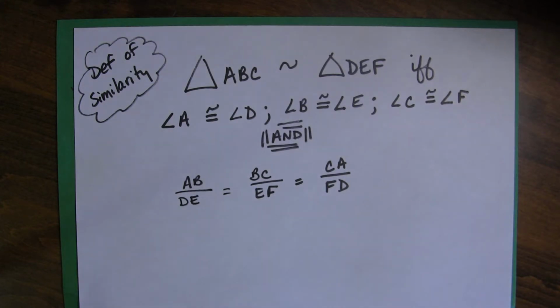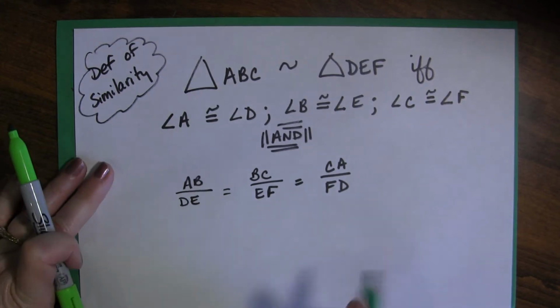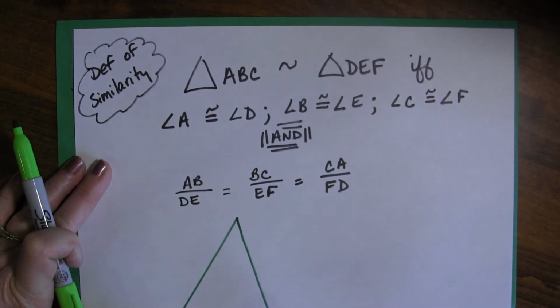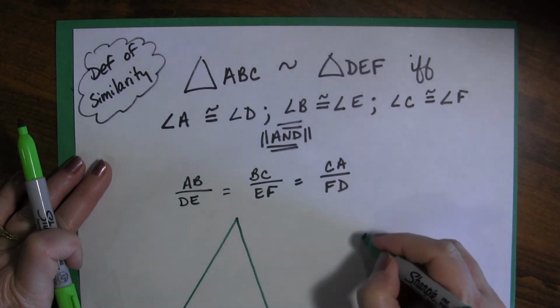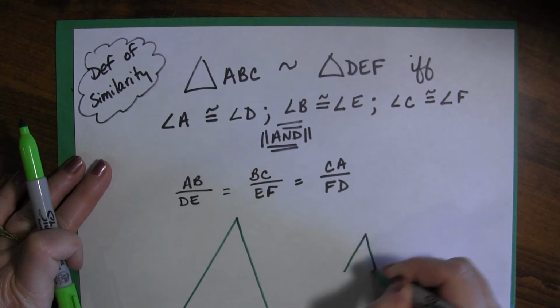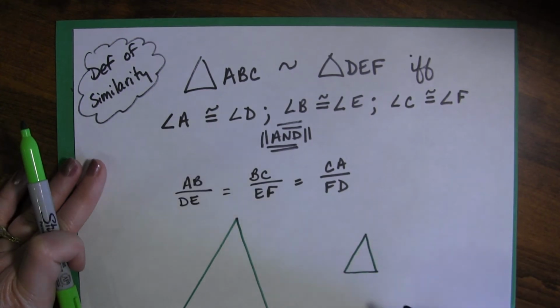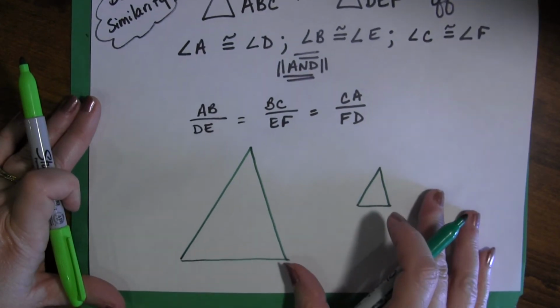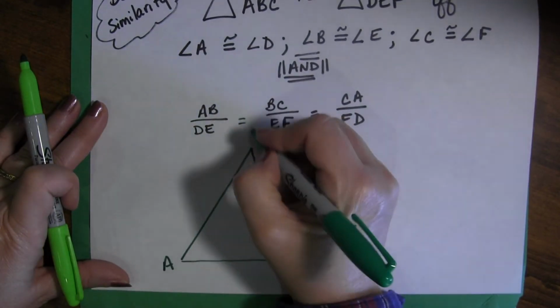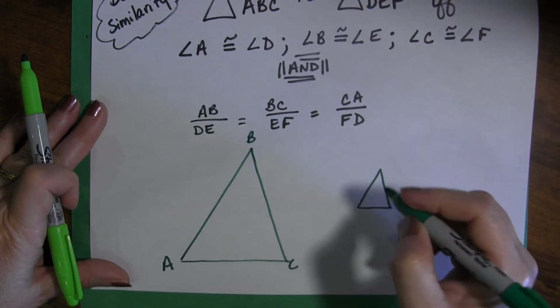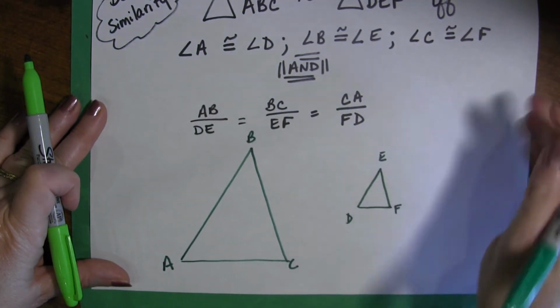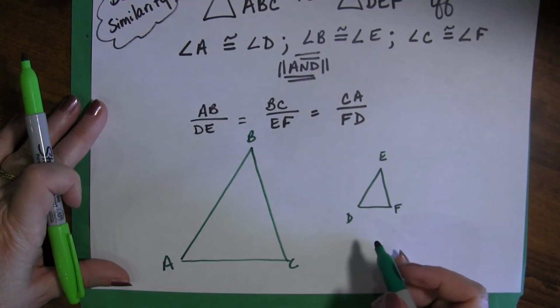So let's draw ourselves some pictures, shall we? Because that will make things much easier to understand. So we will draw a nice triangle. I'm not sure if this is an equilateral triangle, but it's a nice triangle. And if we label this triangle, we will say that this is A, B, and C, and this is D, E, and F. And here's what we know.